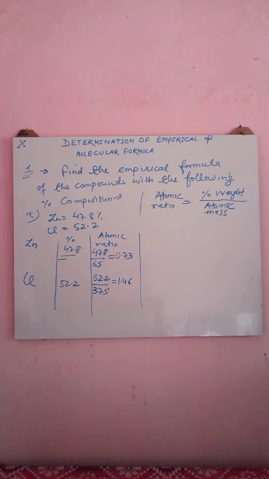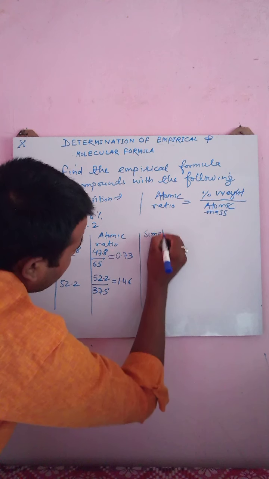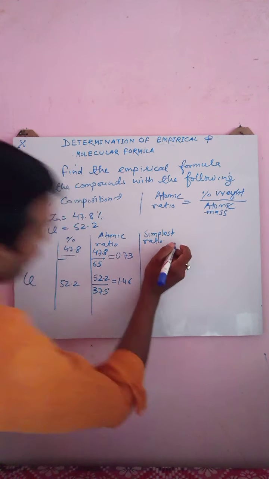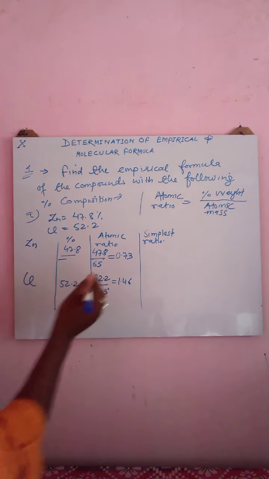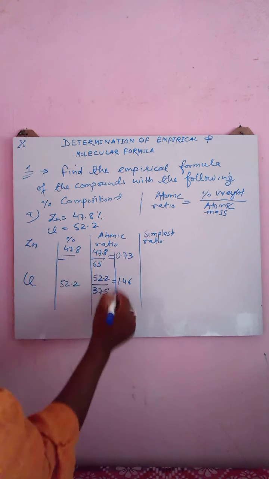Okay. After that, the next step is to find out the simplest ratio. Then you have to determine the simplest ratio of the elements, because here the ratio is in fractions. How to find out the simplest ratio? You have to choose the smallest number from them.